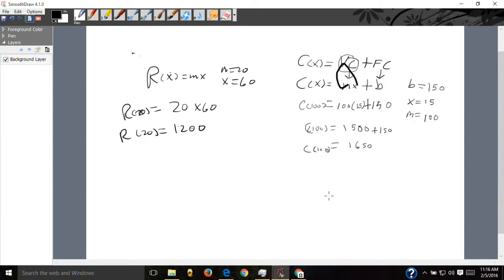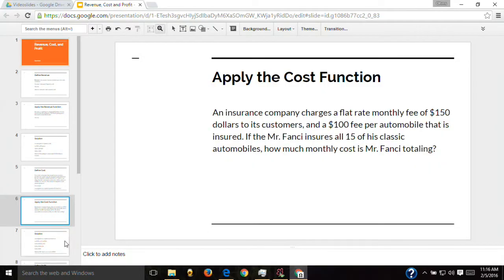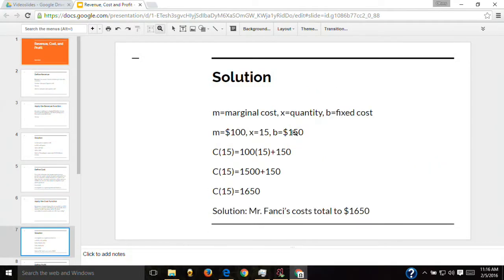Alright, so 1,650 is his total monthly fees. Let's see if I'm right here. Yep. Alright, my solution. M, as I have said before, 100. X is our quantity, 15. B, 150, our fixed cost. Alright, I put those in there. And I come out with 1,650.